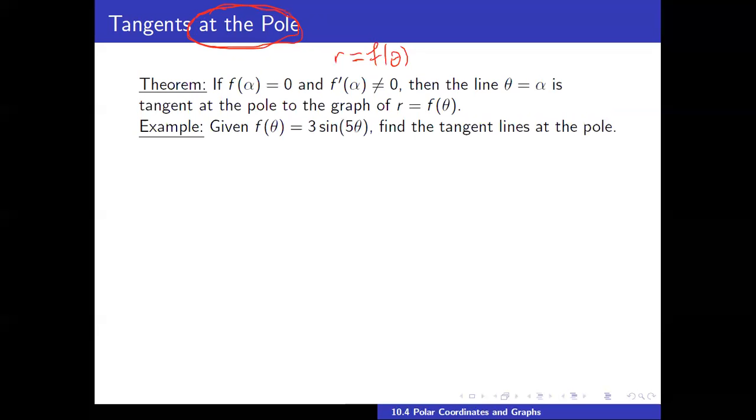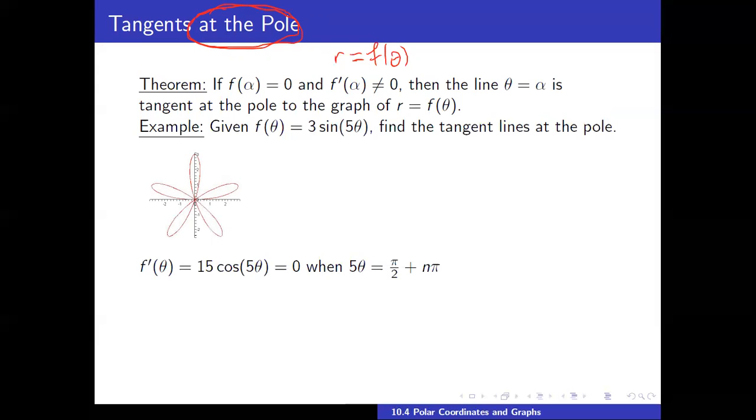So here's an example. Suppose that f of theta is equal to 3 sine 5 theta. Find the tangent lines at the pole. Well, let's do it. First of all, we need to take the derivative. How do we take the derivative of this thing?